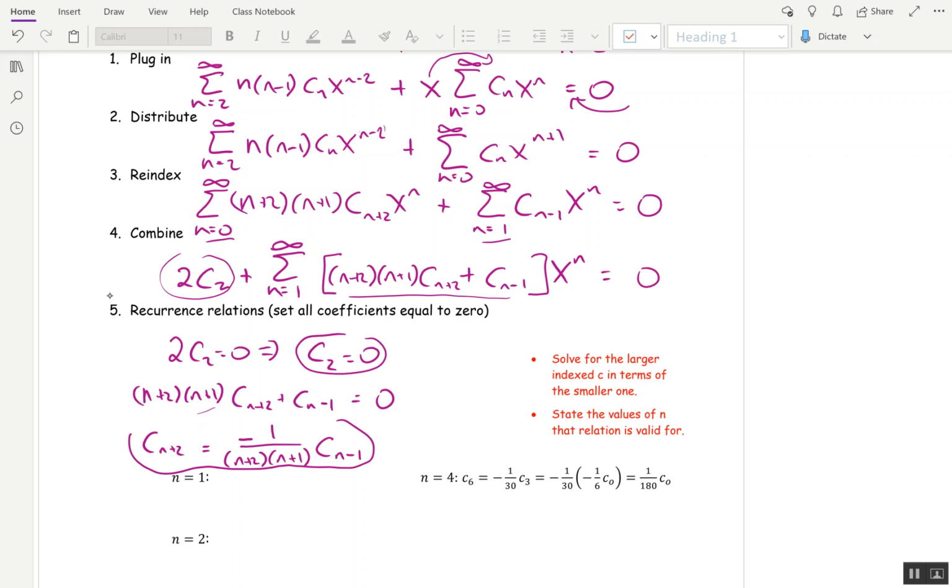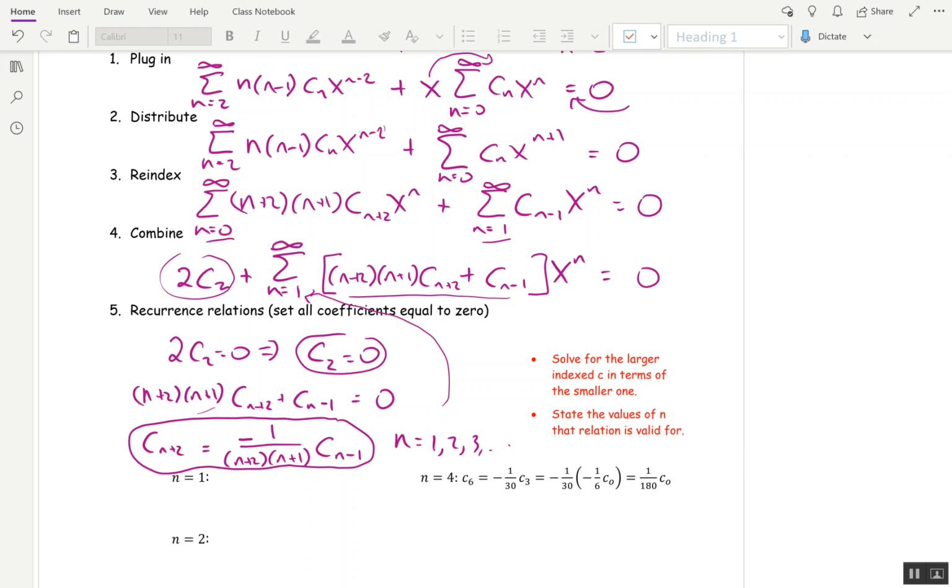And I want to see that in your work. That's really important. That's the recurrence relation, and that's valid for, look at where the summation starts. If that started at 2, I'd say n equal 2, 3, 4. That starts at 1, so 1, 2, 3, dot, dot, dot.